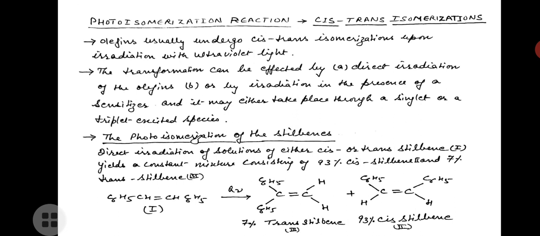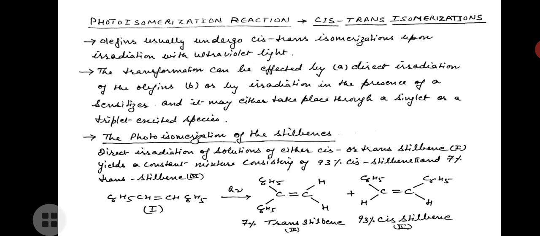From the UV visible spectra, we can distinguish cis-stilbene and trans-stilbene very easily. Direct irradiation of solutions of either cis or trans-stilbene yields a constant mixture consisting of 93% cis-stilbene and 7% trans-stilbene.